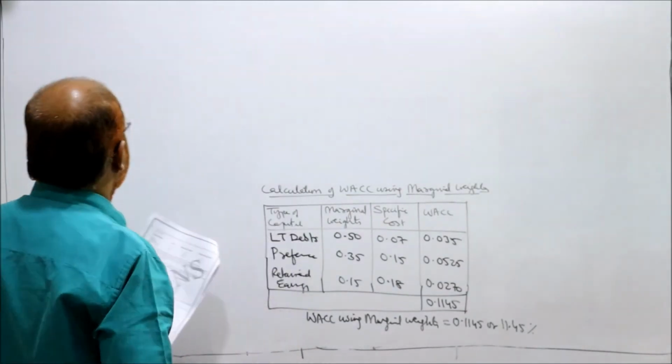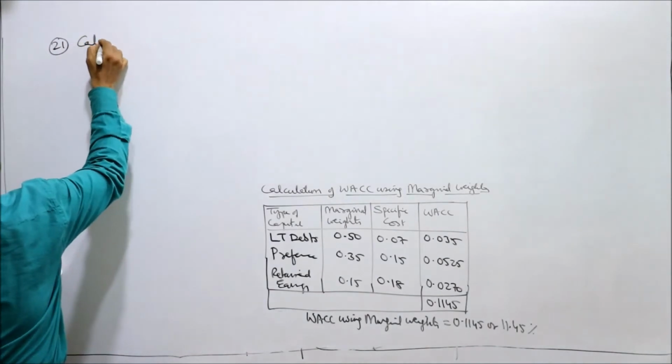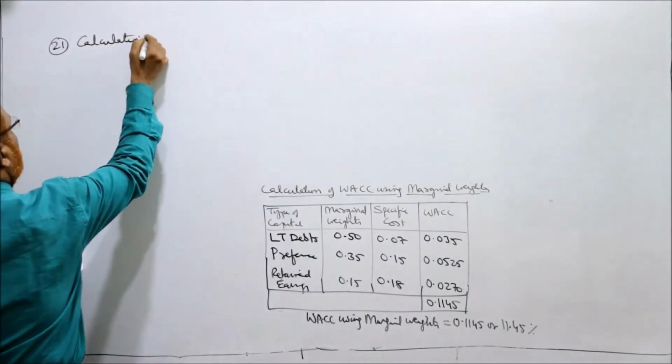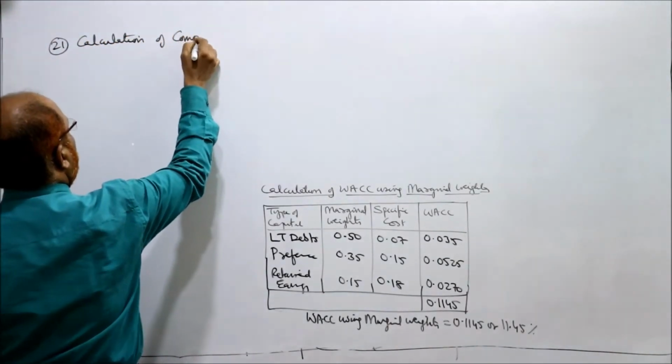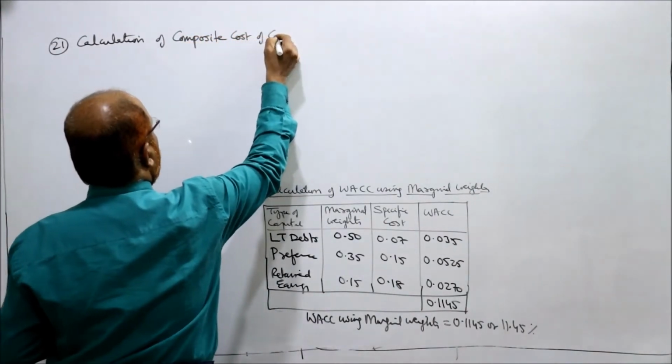This is problem number 21. Calculation of composite cost of capital.